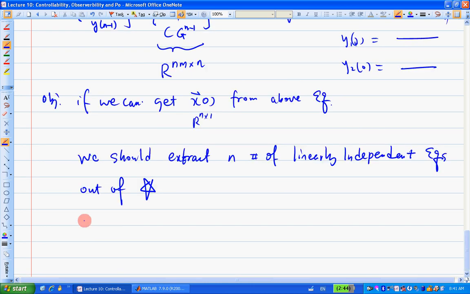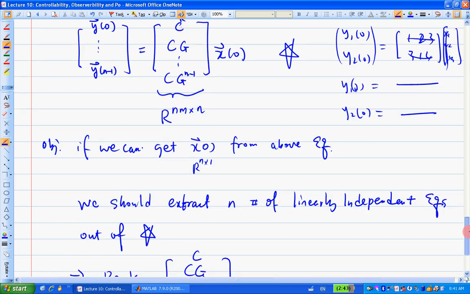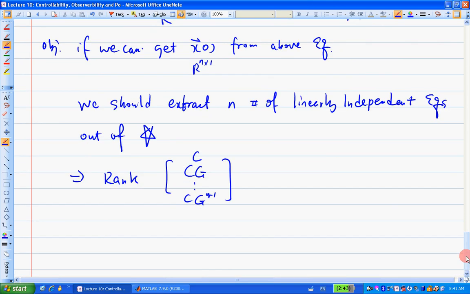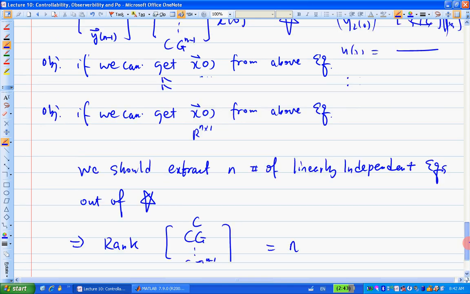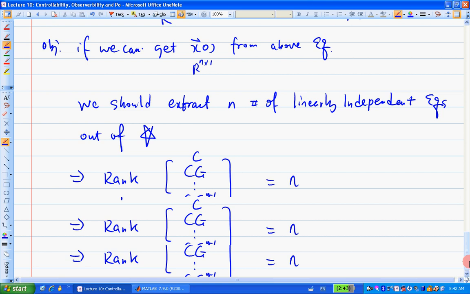So the rank of this, C, CG, up to CG^(n-1), has to be n. If we can do that, then we are able to get information about x of 0 based on y of 0 up to y of n minus 1.